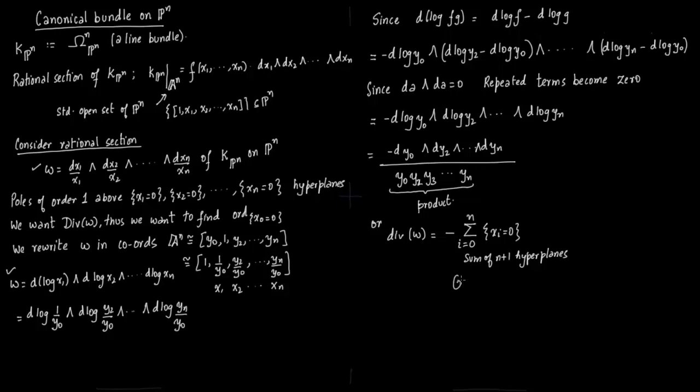More importantly, you see that everything is in the denominator. So this looks like O(-n-1). We can see this from here also: in the denominator we have these n factors, and then you have the corresponding open set.